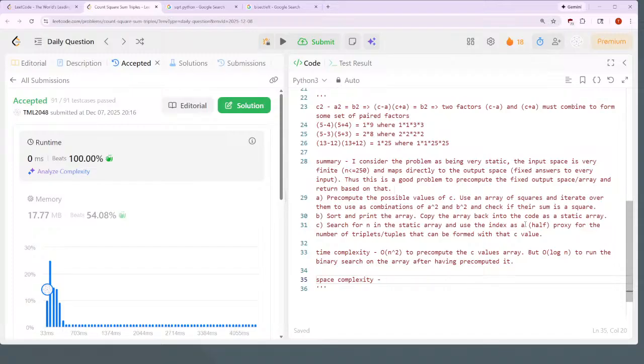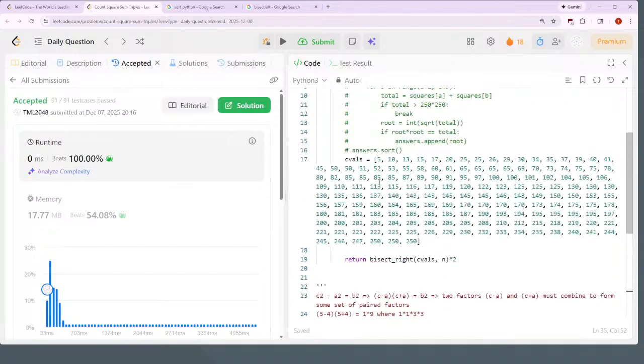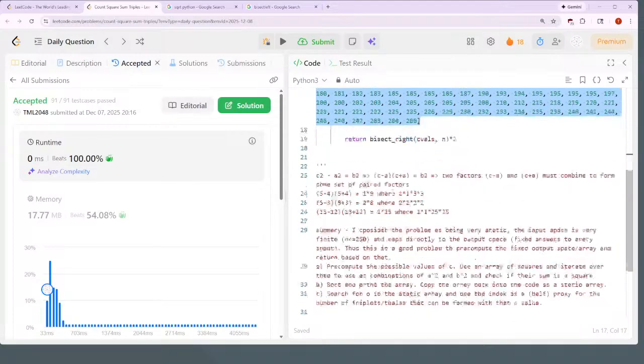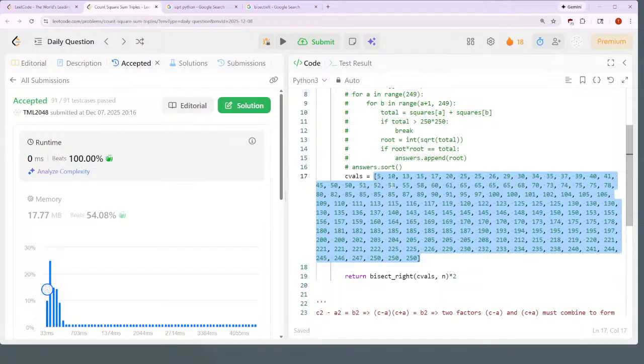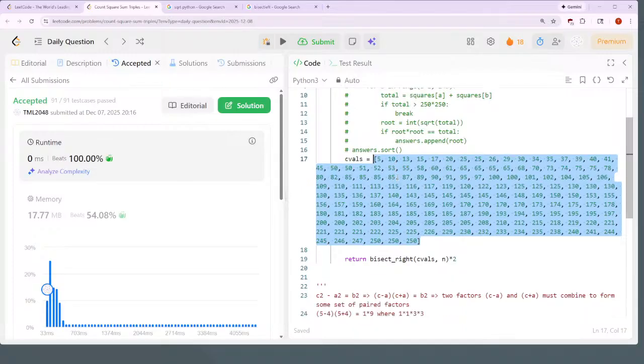Okay, base complexity, this is going to be O of n for the pre-computed array. I'm not quite sure how the number of correct C values compares to the size of n.